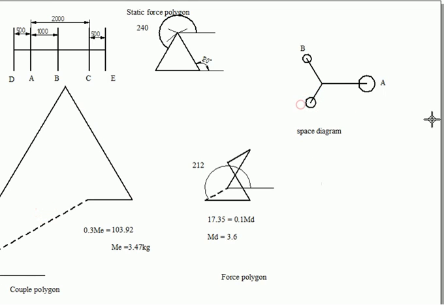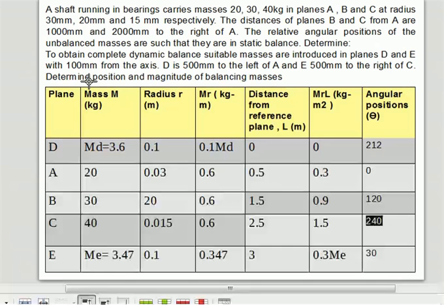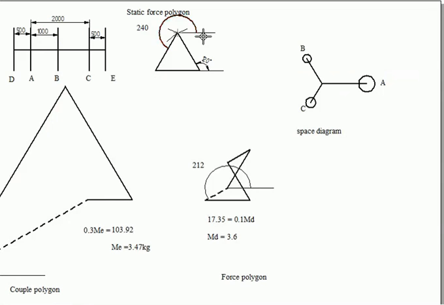And you have to represent two more masses, mass D and mass E. Radius of mass D is 0.1. Inclination of mass D is this one.